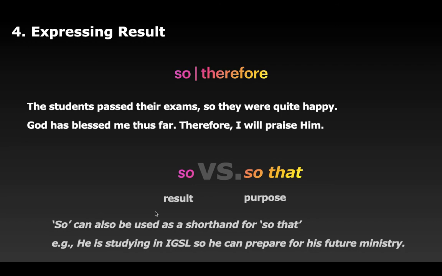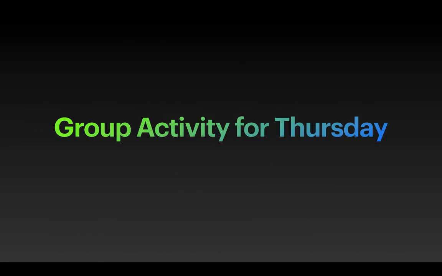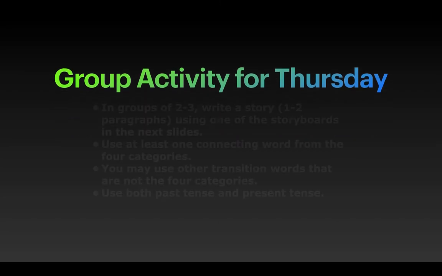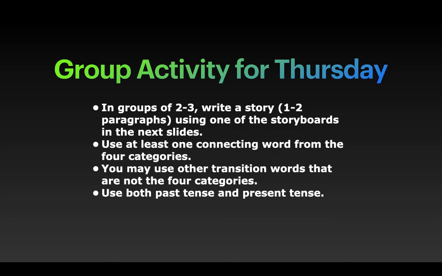We are done talking about the 4 categories for the first part of basic connecting words. Now, let us talk about what you're going to do tomorrow. So, again, this is a group activity. I want you to write a story. Yes, another story, 1 to 2 paragraphs long, using one of the storyboards in the next slides.